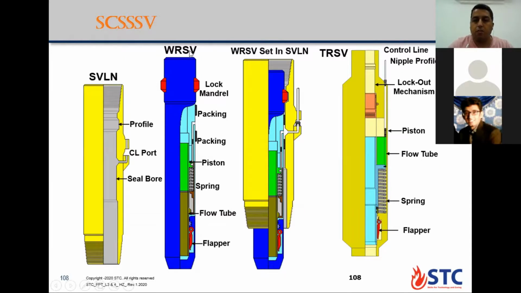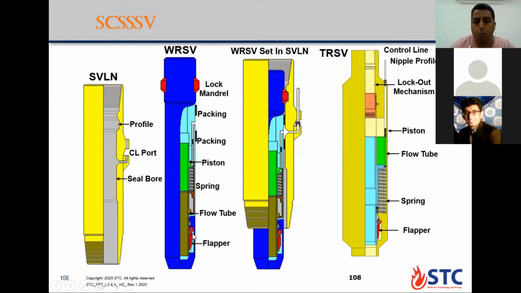The wireline safety valve starts to come inside its place like in this figure. So the dogs come inside their profile, and the flapper and seal bore come to their place, and there is a spring here. When you inject pressure in the control line, the piston will push the spring and push the flow tube.